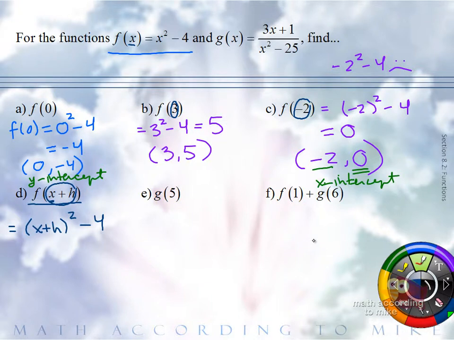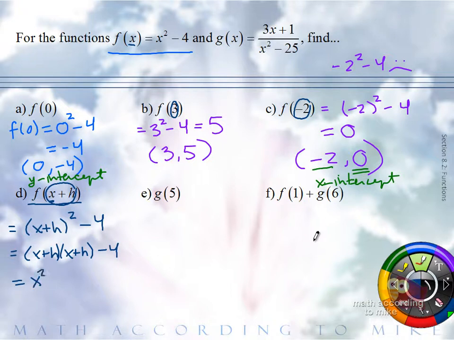Hurdle number 2. x plus h is how many terms? 2. And so we're squaring something that has 2 terms. What do you have to do? FOIL. If you FOILed, what does first give you?